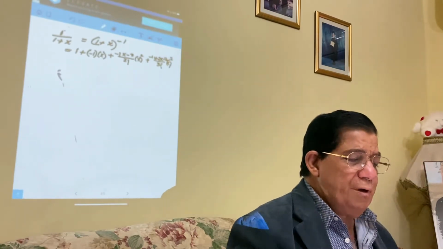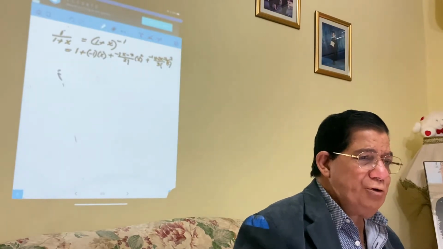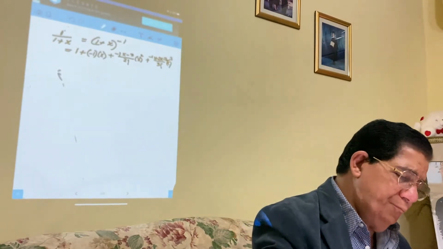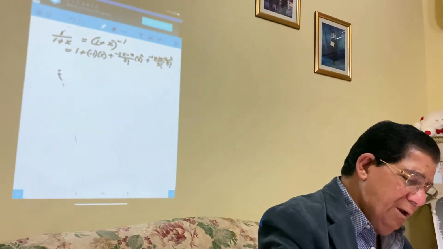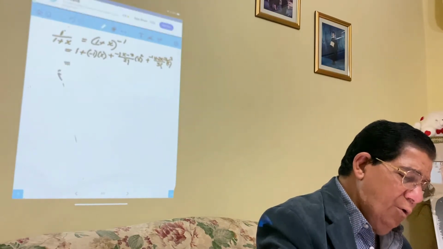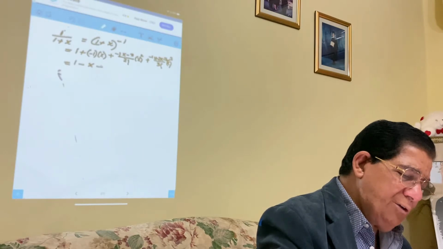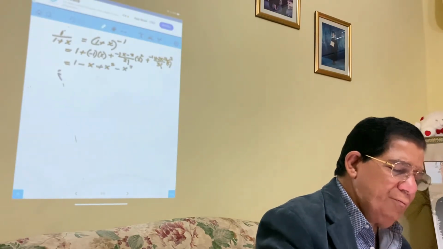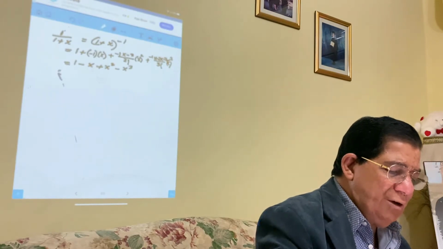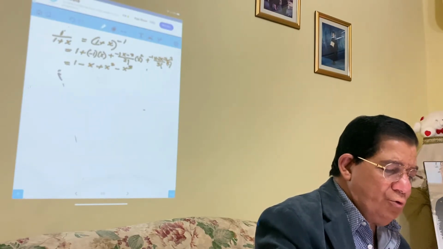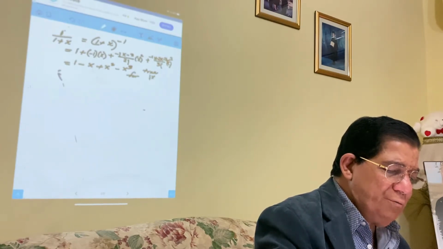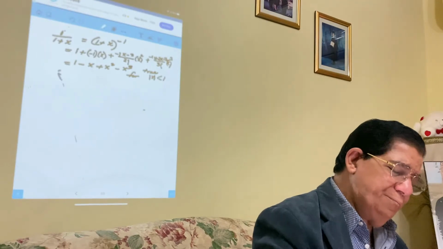You will always be asked to write the expansion up to x cubed, and this would be equal to 1 minus x plus x squared minus x cubed. And this expansion is true again for modulus x less than 1.